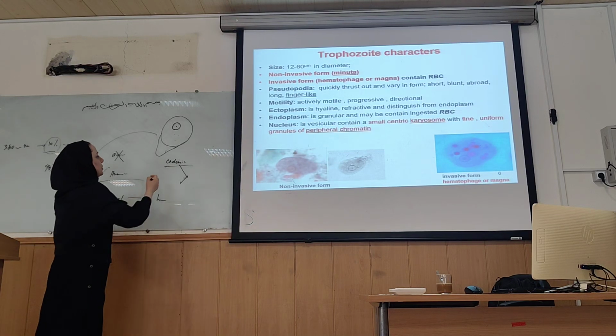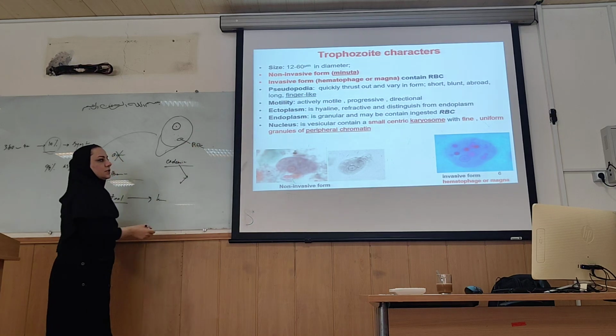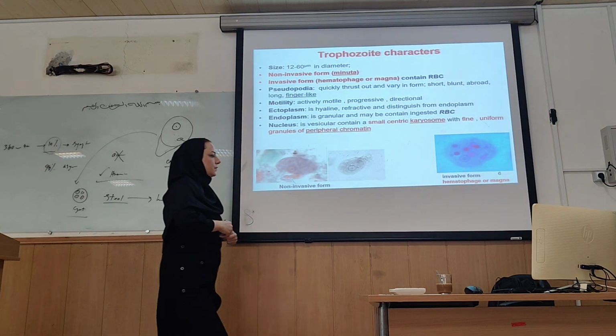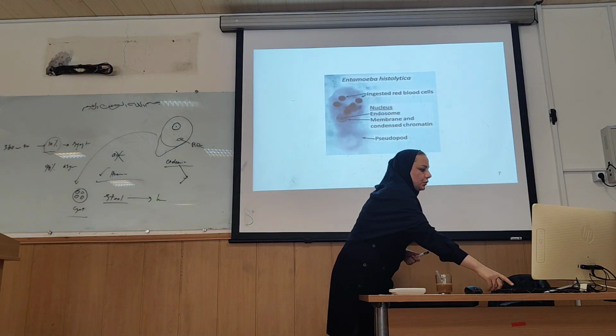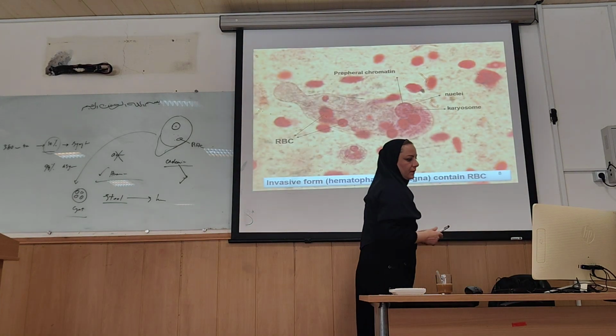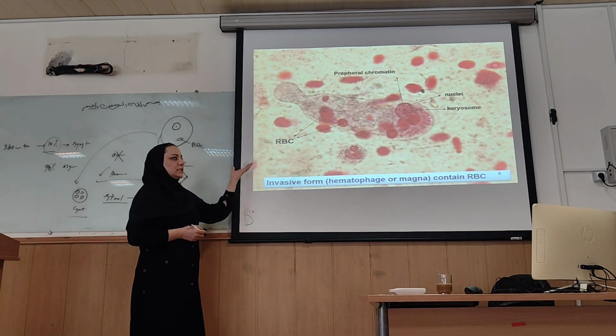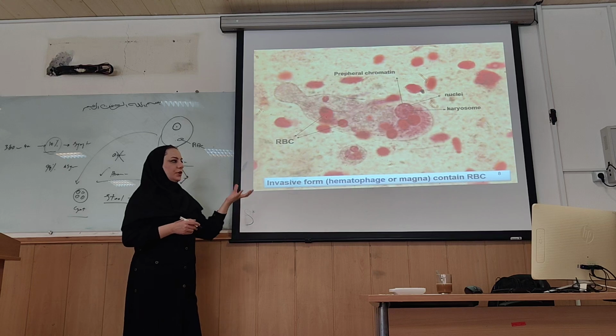In the hematophage, in the cytoplasm, you see RBC, which is red. This is a sample from a patient with dysentery. Dysentery is diarrhea full of RBC.